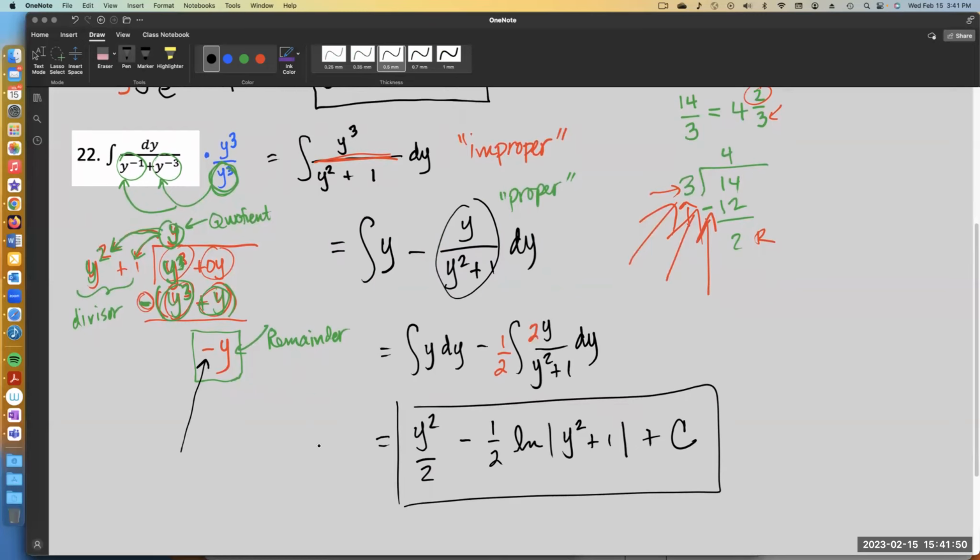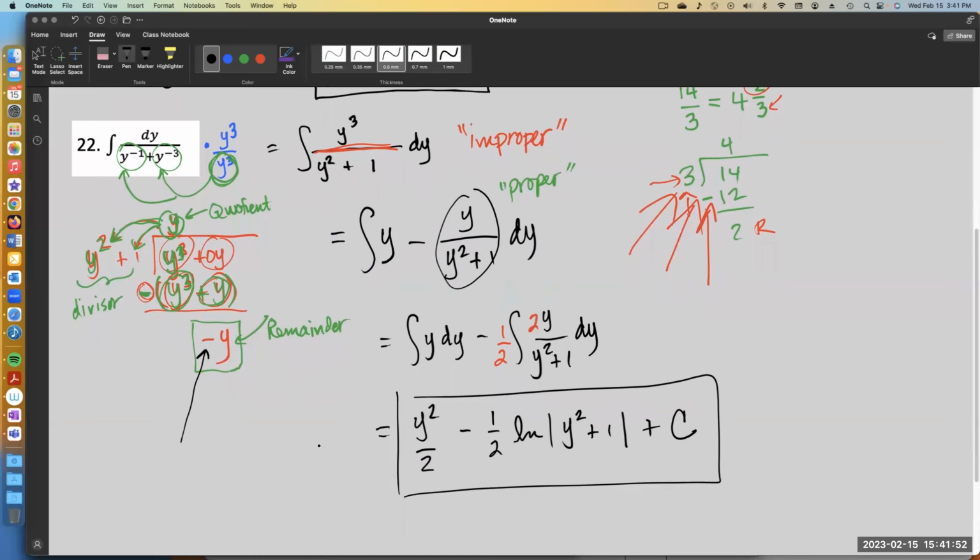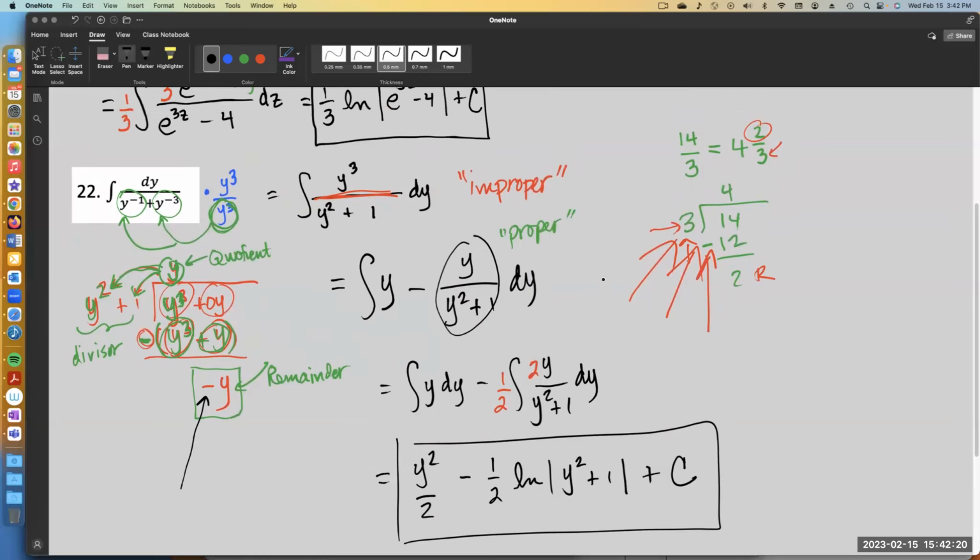Okay, so I'm still a little bit confused. I see where you multiplied it by 3 and got 3 on the top and 2 y squared plus 1 at the bottom. And then you started to do long division. From there, that's where I got lost, because I know how you got the negative y, but then you got integral of y minus y over y squared plus 1. How'd you get that? So it's very similar to over here.